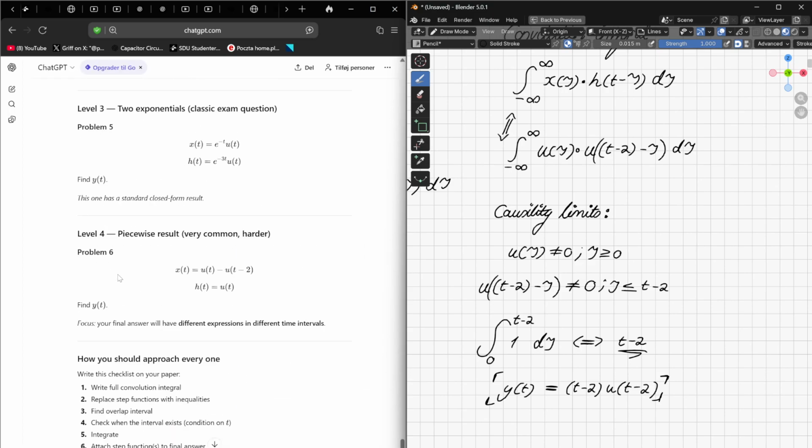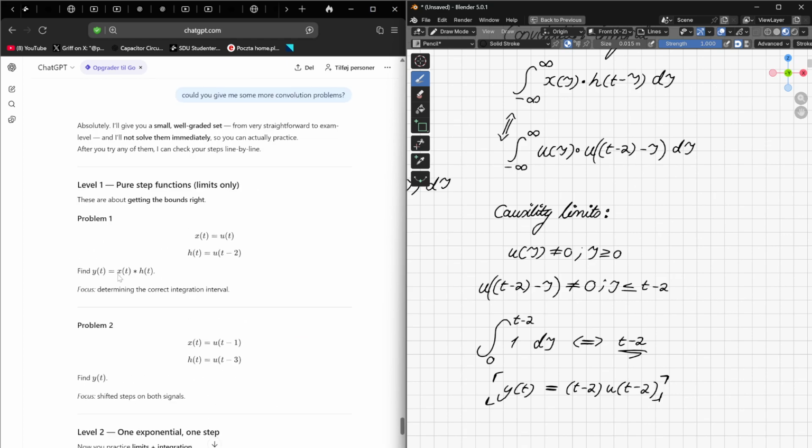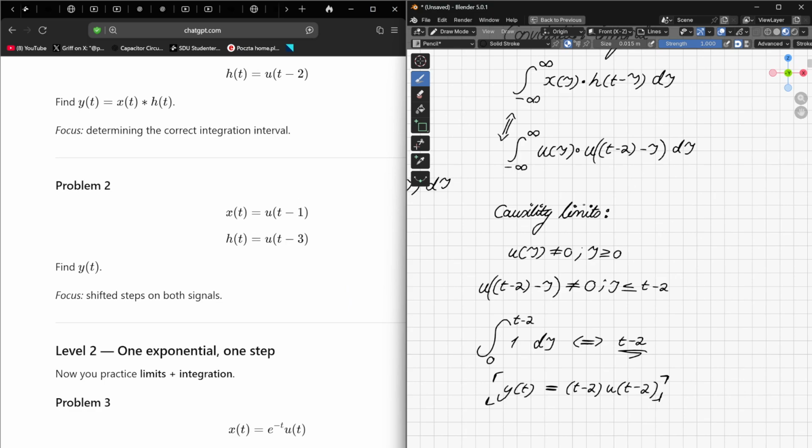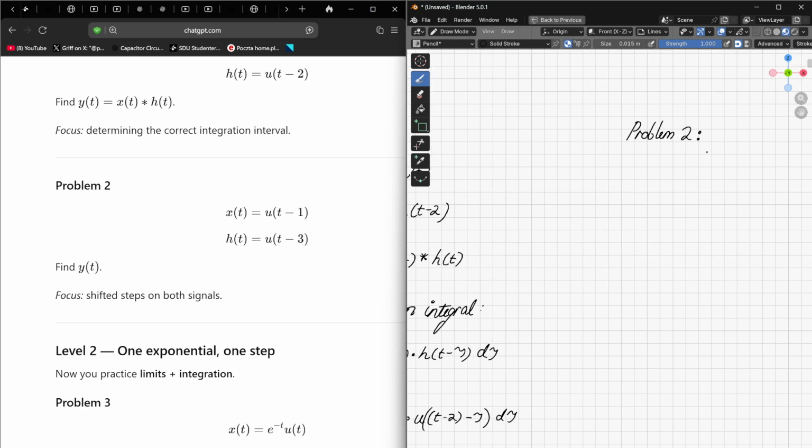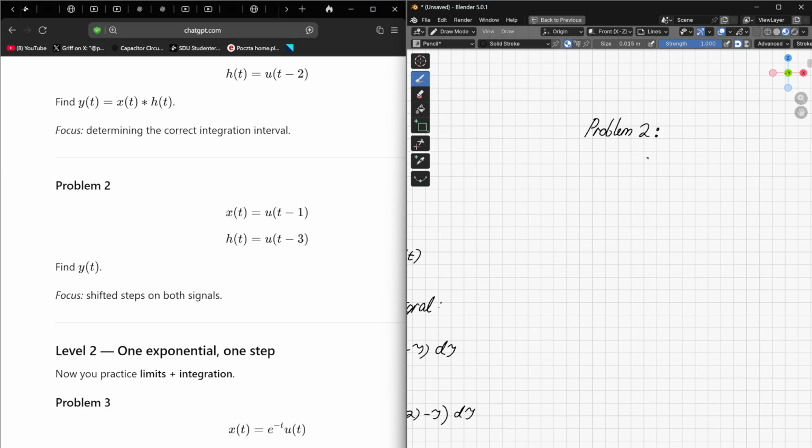Okay, so let's do problem 2. So here you have x(t) equals u(t minus 1), h(t) equals u(t minus 3).